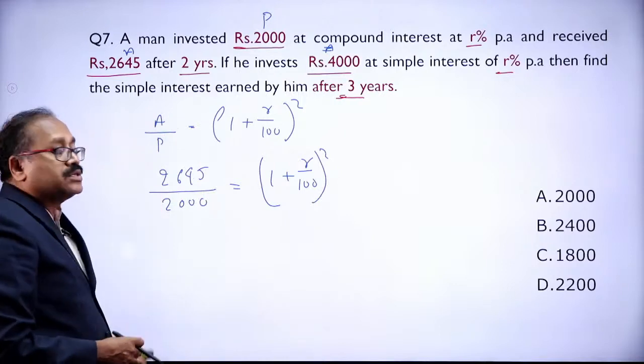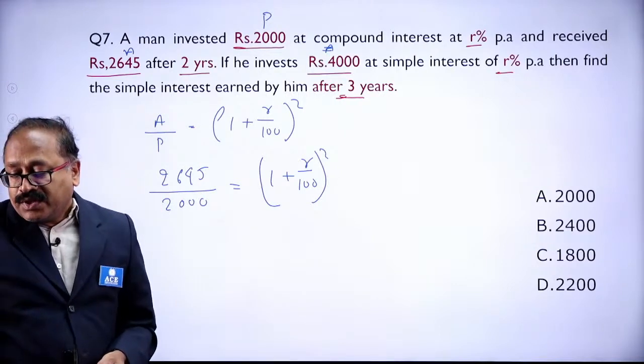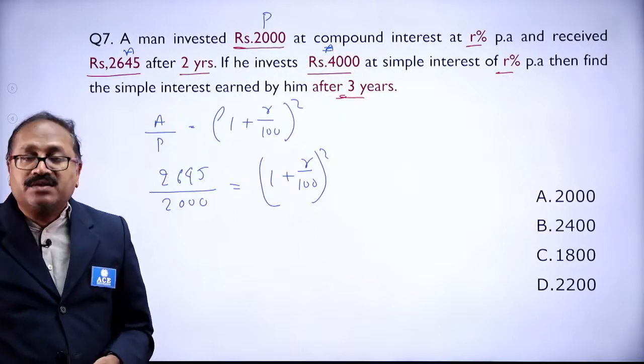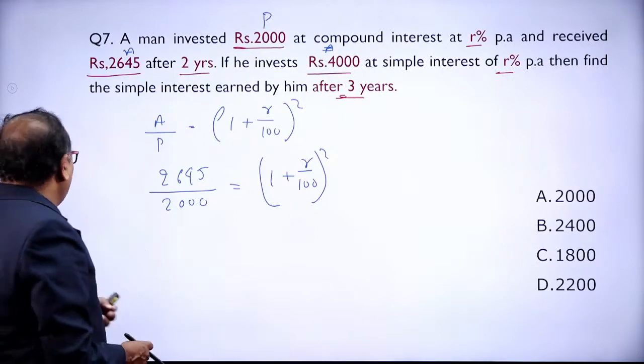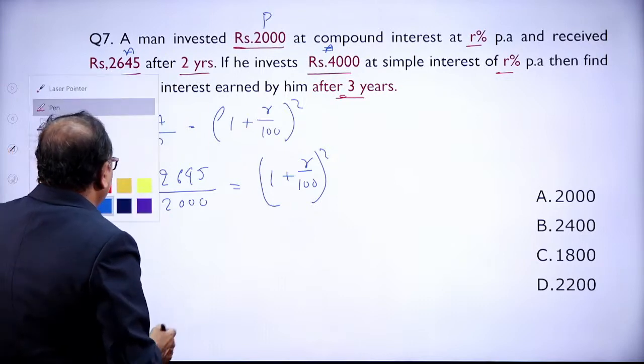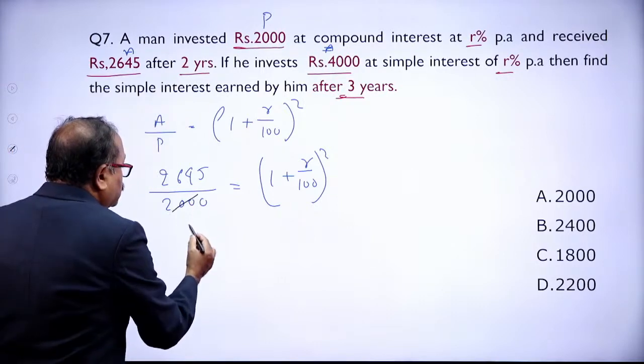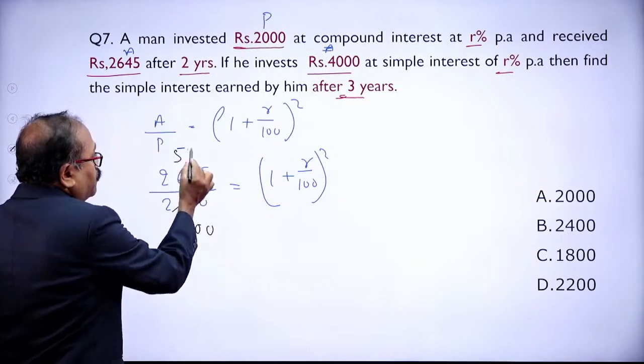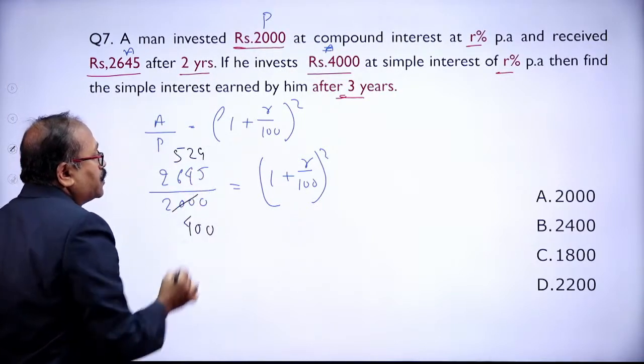Now look at this one, this number will get cancelled. Check that, my friends, how many times this number will get cancelled. Okay, now if I cancel this by 5, I get this as 400, and 5 times 5 is 25, 5 times 2 is 10, 5 times 9 is 45.